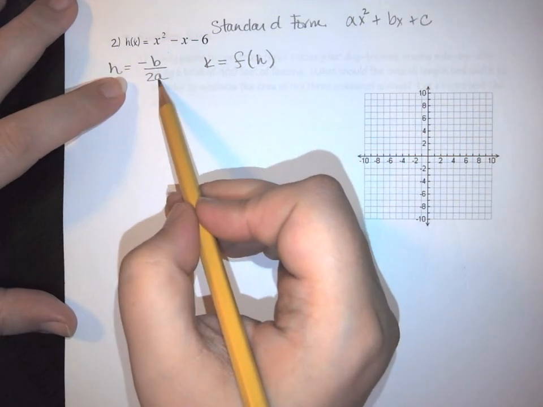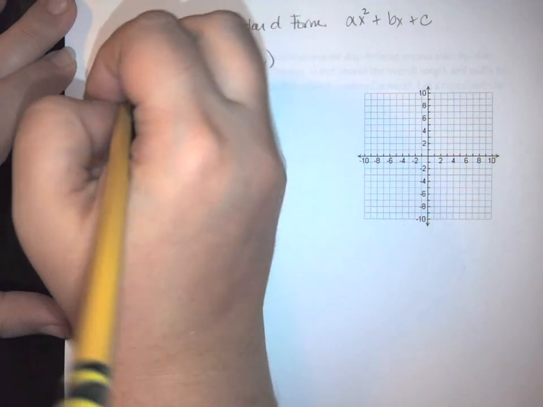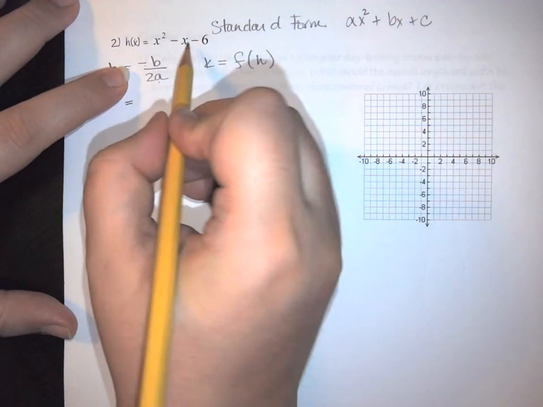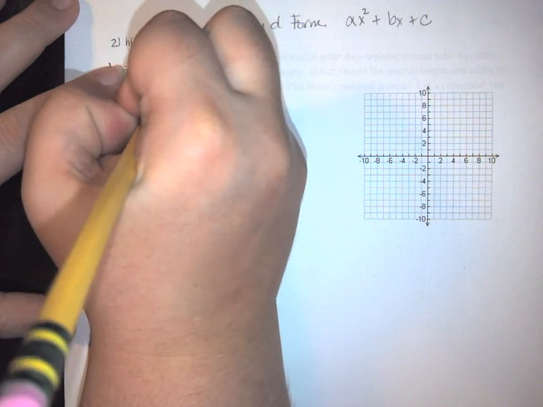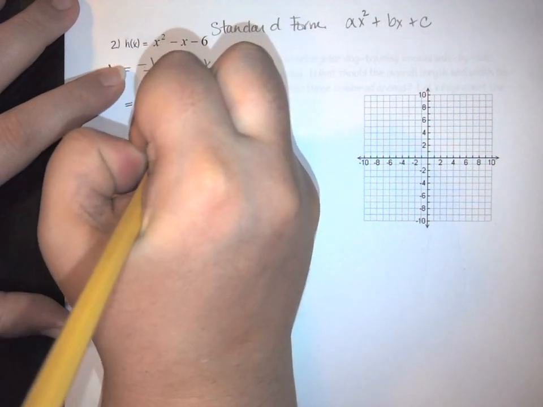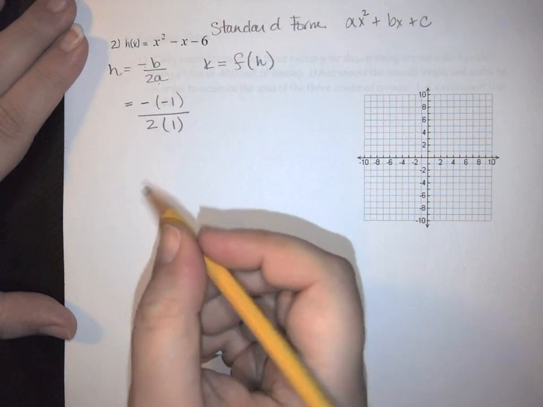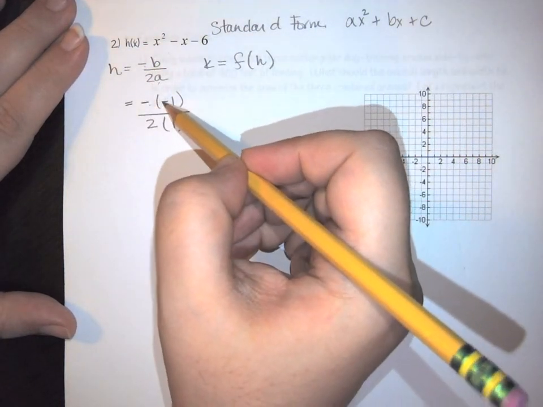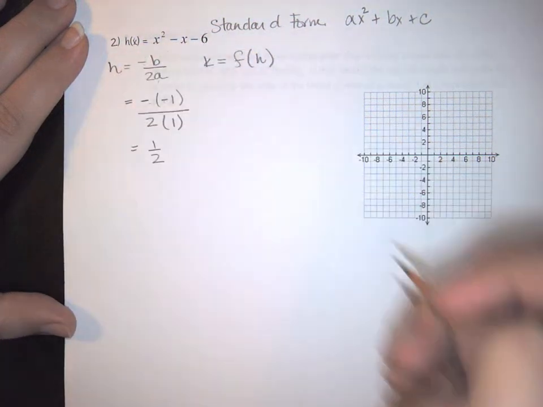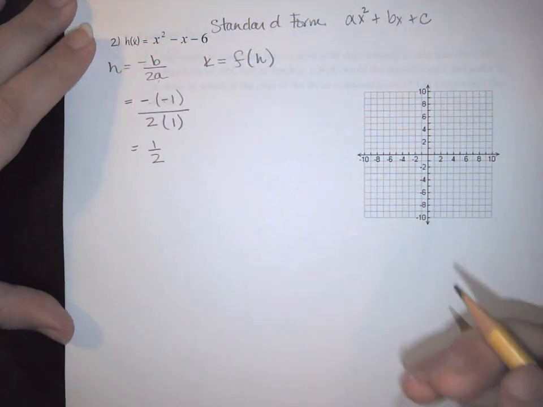So in this case I care about b and a. When I'm looking for that h value, I have negative b, so negative of negative 1, all over 2 times a, so 2 times 1. Negative and negative is positive, so we end up with an h term of 1/2. Once we do that, we need to evaluate.